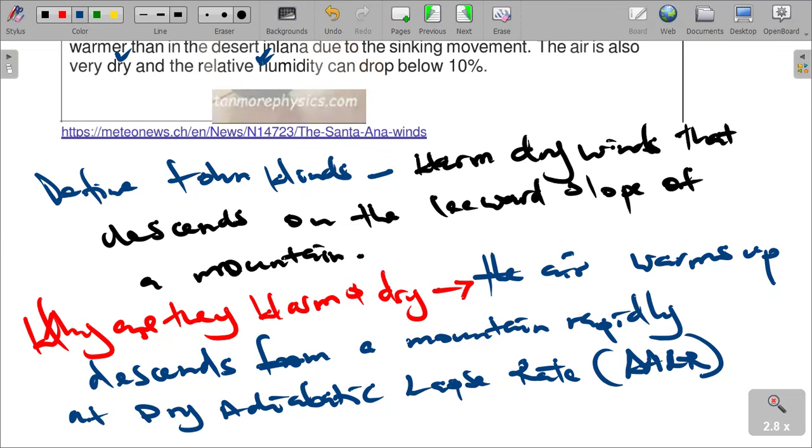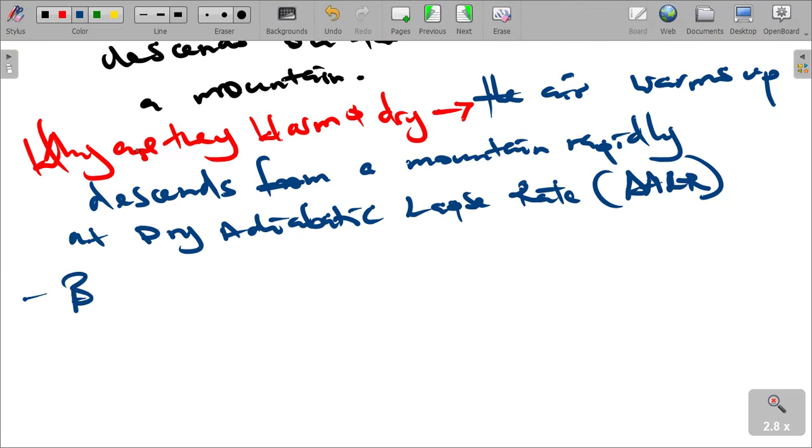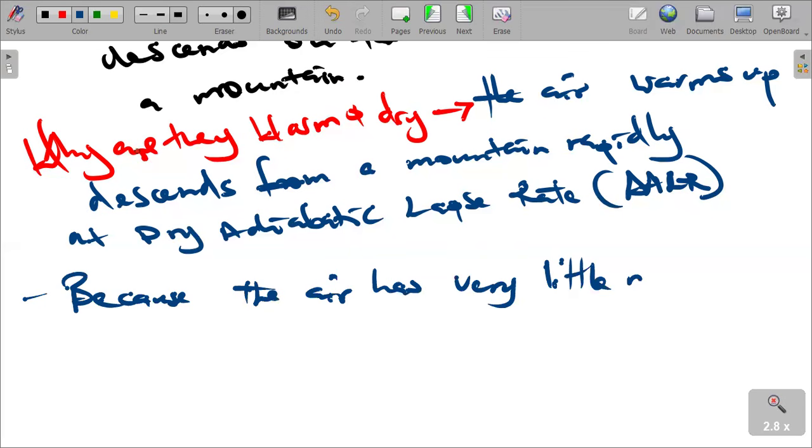So what happens is because the air has very little moisture, what happens again is that it defines low relative humidity.